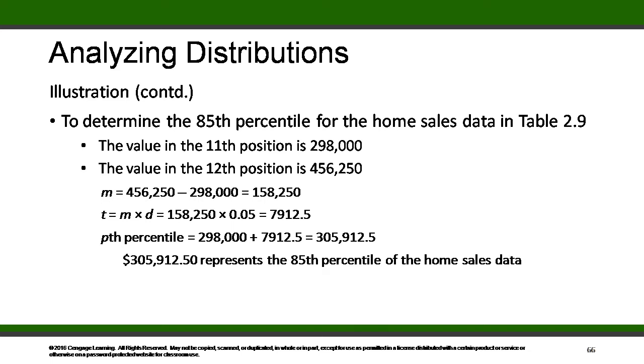Then t equals m times d equals 158,250 times 0.05 equals 7,912.5. The pth percentile is equal to 298,000 plus 7,912.5 equals 305,912.5. Then $305,912.50 represents the 85th percentile of the home sales data.